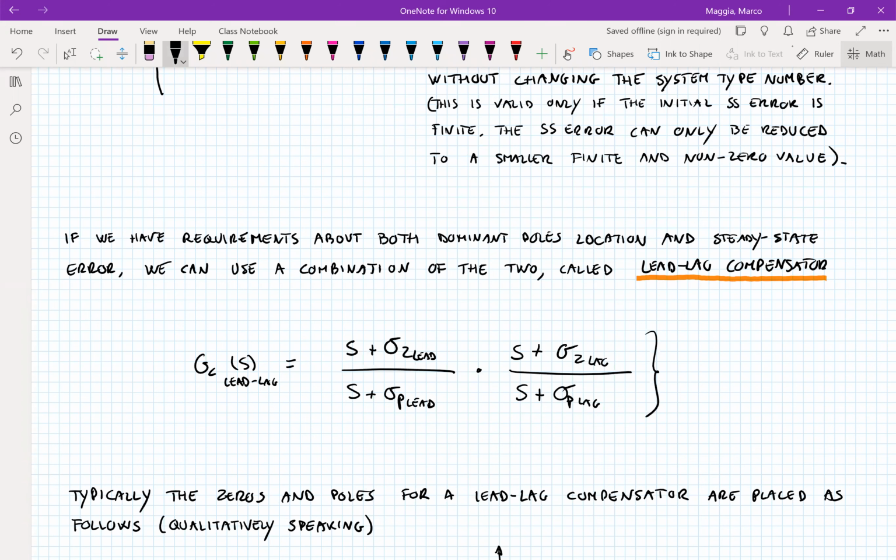So in total, if you are introducing a lead lag compensator, from the complex plane perspective we are adding two real poles and two real zeros to the uncompensated system.